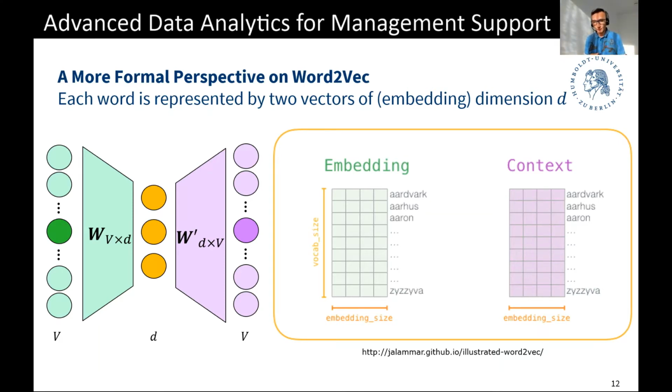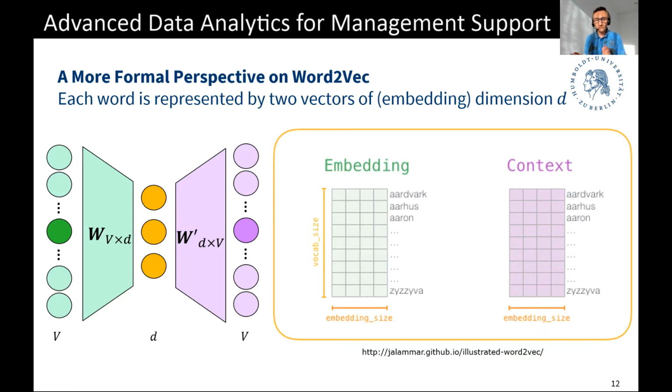The term context matrix comes from the fact that if you think about the roles a single word can take in the context of word2vec, we have this prediction task to train the neural network, meaning that a word can appear in two roles, either as the target word or as a context word. And then we can think of these two embedding matrices as one representing the word when it is a context word, and the other representing the word when it is a target word.